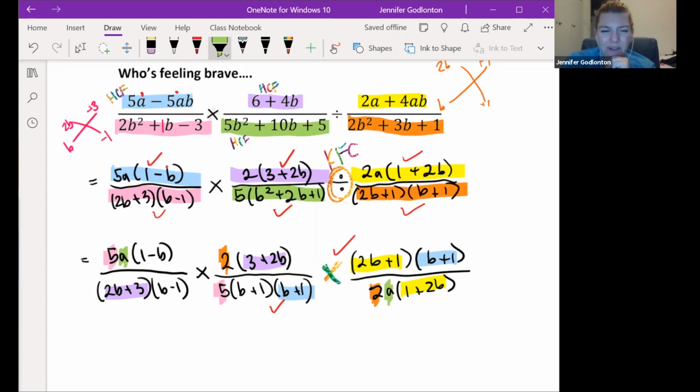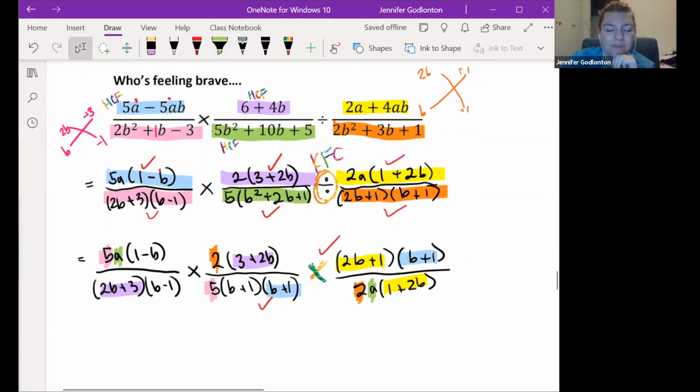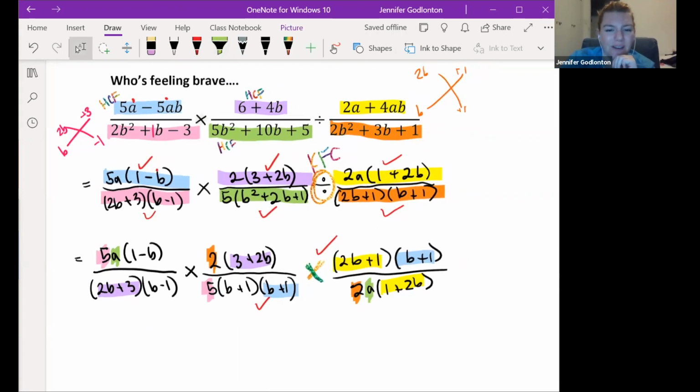Can we cancel 1 minus b and b minus 1? No, you're absolutely right. We cannot, because they are not the same. However, how can we make them the same?